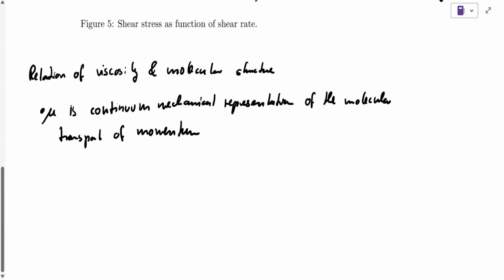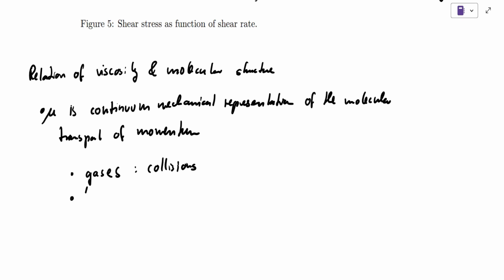And now it depends, of course, on the type of the fluid, what type of transport of momentum we have dominating. So on the type of gases, of course, we see collisions because one gas molecule collides with another one.